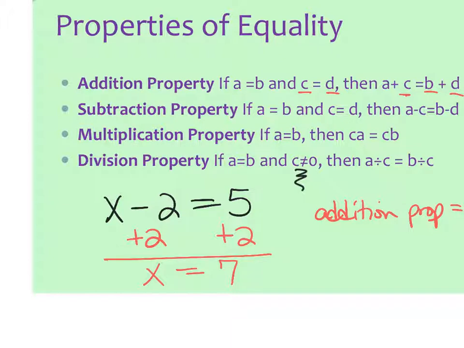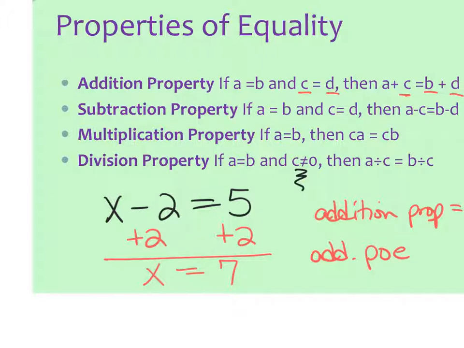Now, if you want to abbreviate and just tell me add POE, and the P stands for property, the O stands for of, and the E stands for equality, you can add POE to the end of any of these words. So you need to specify that this is a property of equality when we're justifying our steps. And we're going to see what this means in a minute.